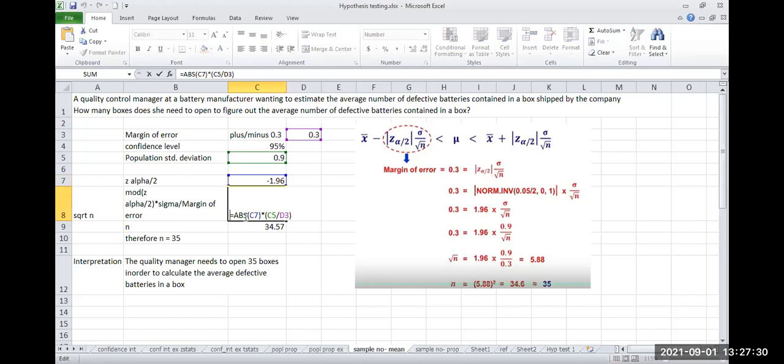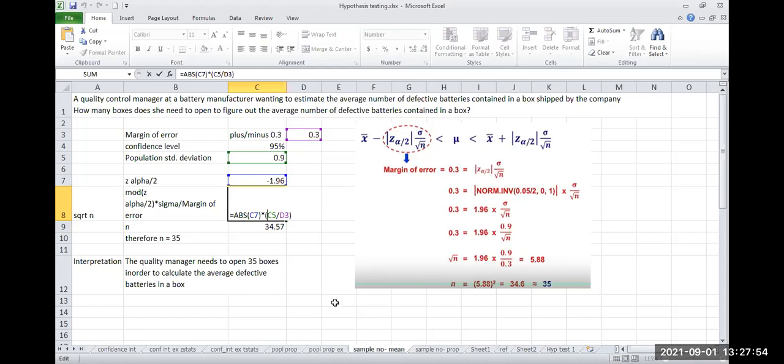Here, the absolute value of Z alpha by 2, as we have in the formula, into sigma, 0.9, by, instead of square root of n, I am taking it to the left hand side, 0.3 comes this side, so I am dividing it by 0.3. The value which you get is 5.88.